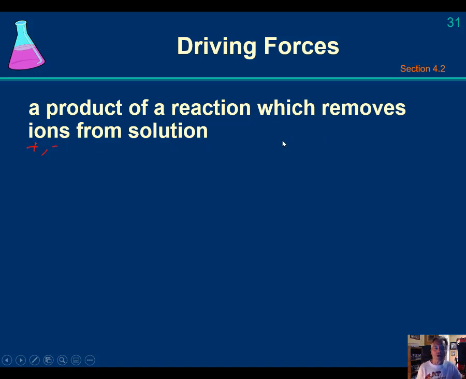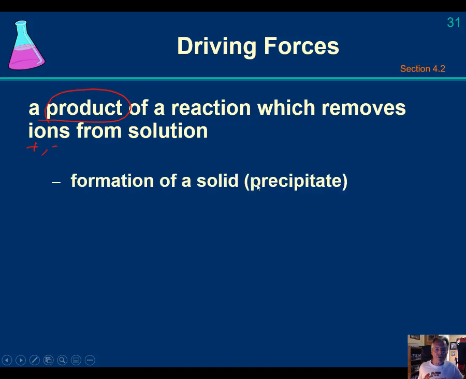And it's only on the product side. So don't look for the driving force for a reaction on the reactant side. It only occurs on the product side. So we've got 4 different types. We've got formation of a solid, a precipitate. We've been talking about that.